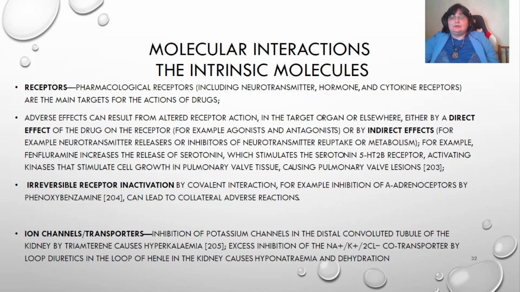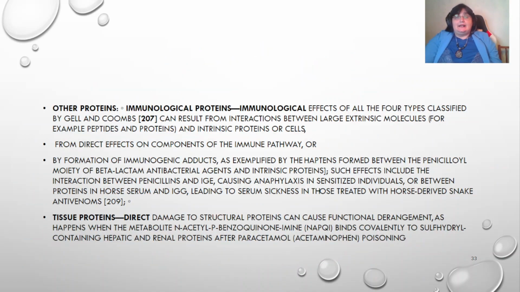Excess inhibition of the sodium-potassium-2-chloride cotransporter by loop diuretics in the loop of Henle in the kidney causes hyponatremia and dehydration.